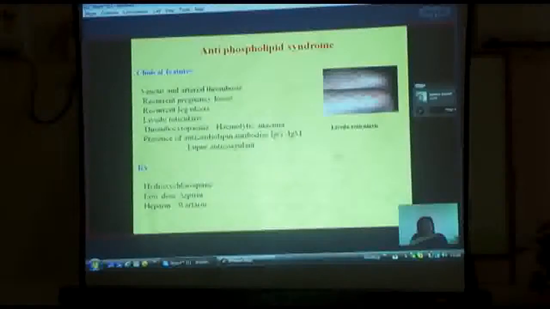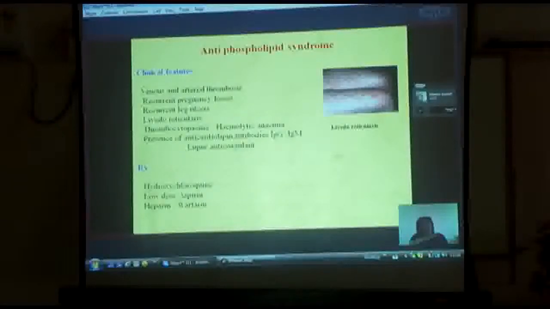Antiphospholipid syndrome, which is a subset of lupus, can present with venous and arterial thrombosis and recurrent pregnancy losses. The classic skin lesions are recurrent leg ulcers, but we see livedo reticularis more commonly in these patients. They can also present with thrombocytopenia and hemolytic anemia.